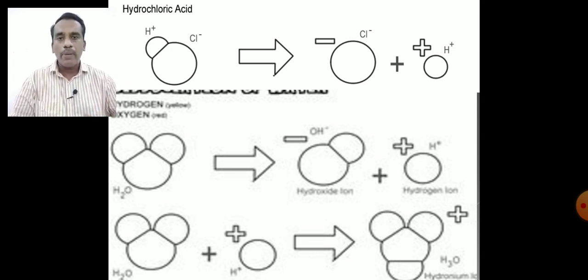But what happens when you dissolve HCl in water? The H plus ions released by the hydrochloric acid will be gained by the H2O molecule to form a four-atom ionic species, that is H3O plus.